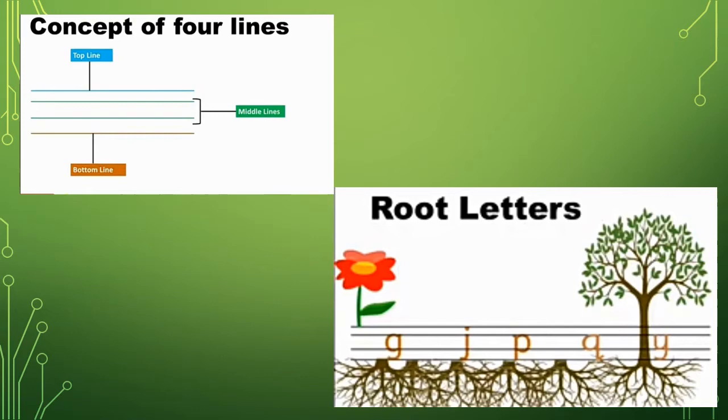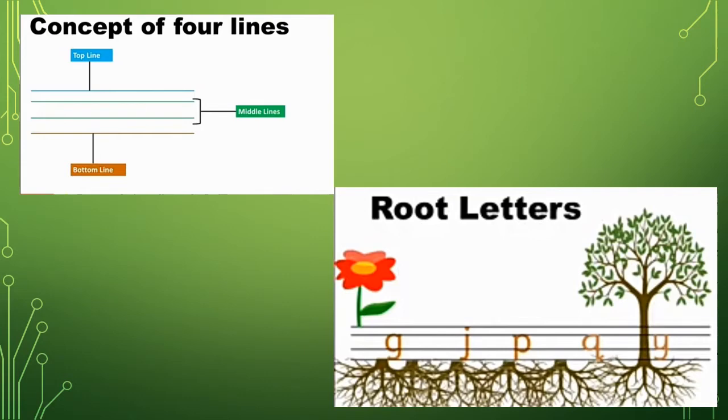After the top line there are 2 lines, and they are called middle lines. And at last the fourth one is the bottom line. First line is top line, second and third lines are middle lines, and the fourth one is bottom line.